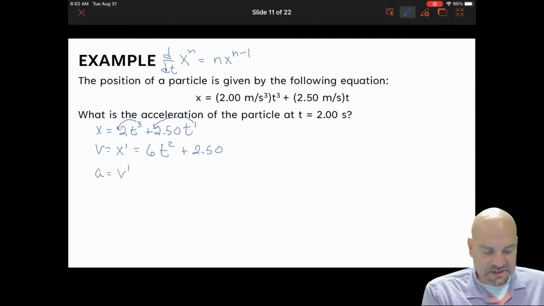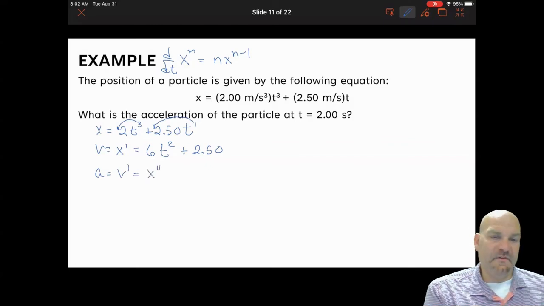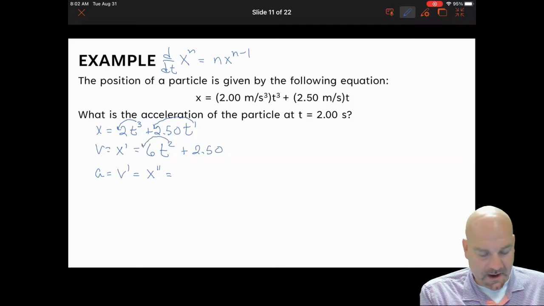Now I'm going to find the acceleration by taking the derivative of velocity, which is the second derivative of position. Again, power rule: bring the 2 out front, so 2 times 6 is 12, and then 2 minus 1.